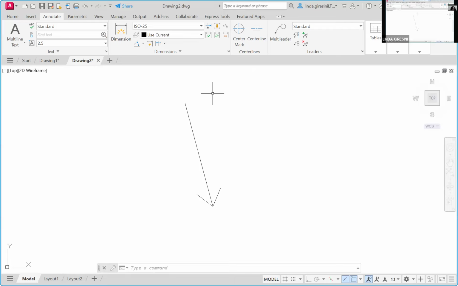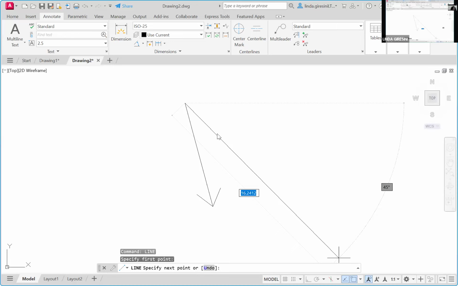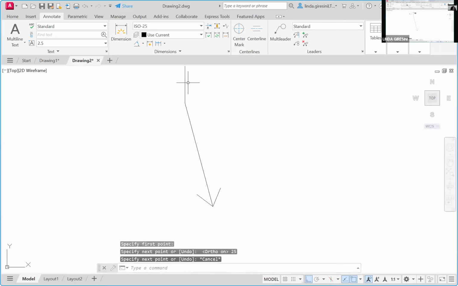Now, the second concurrent force is F2, which is equal to 25 kilonewtons. First it's better to draw it in a vertical direction, and then you rotate it.